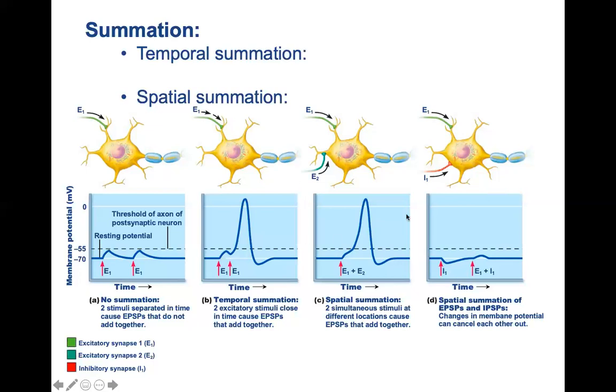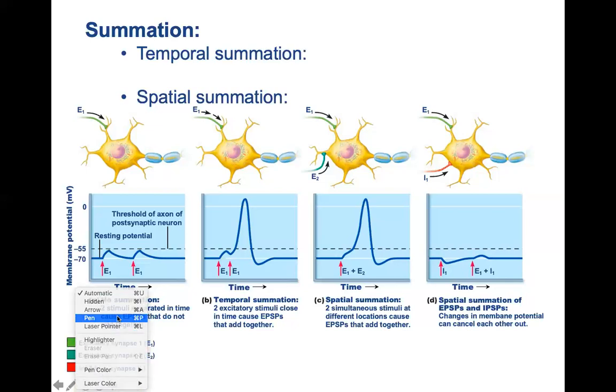So if I had normally just the inhibitory force, let's say chloride channels, I will hyperpolarize and there is no chance of me creating an action potential. What if I have two forces coming in together? Now in this case, the excitatory was bigger than the inhibitory, so I have a slight depolarization, but that depolarization didn't reach the threshold.